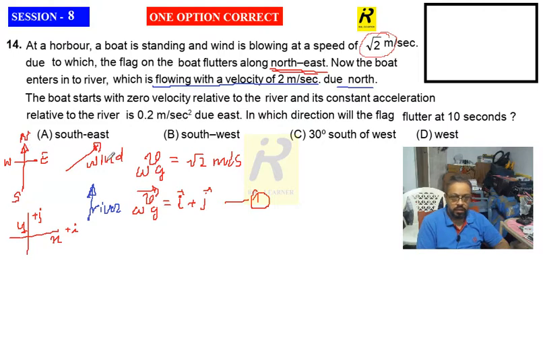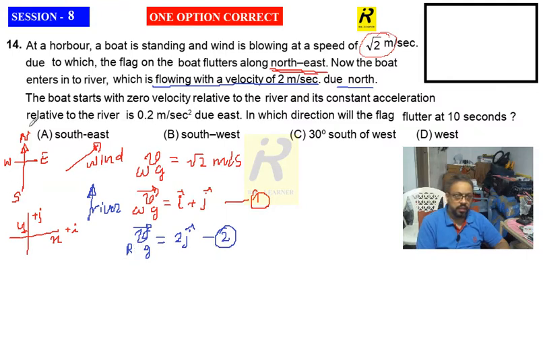So along the y direction, how can I write the expression for the velocity of the river with respect to ground? This is equal to only along the north direction, that means 2j. This is how I can write the expression for the velocity of the river with respect to ground.